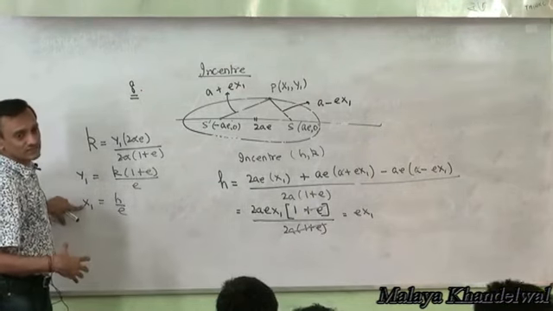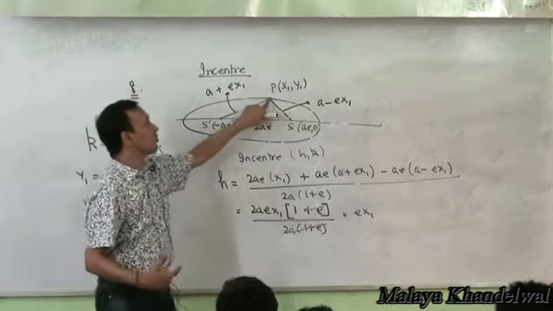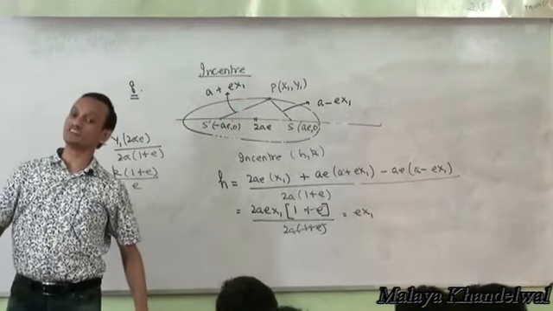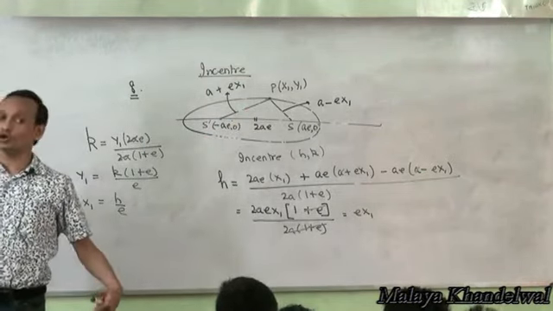See, but what is x1, y1? It's a point on the ellipse. So x1 squared by a squared plus y1 squared by b squared equal to 1.